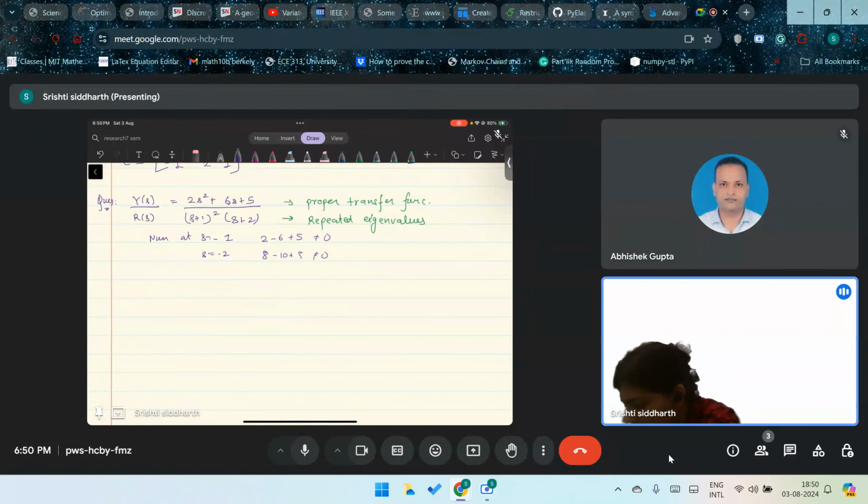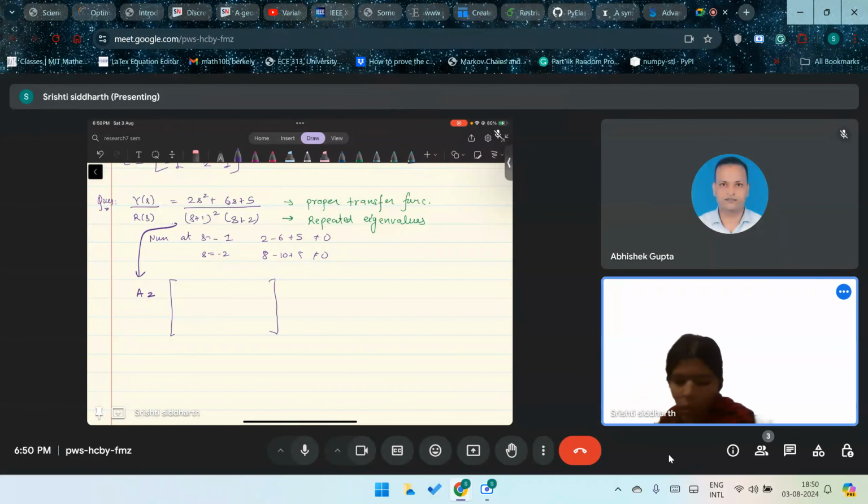So since these are repeated eigenvalues for a third order system, we already know what the A matrix is going to be. So this is going to be 0, 0, 2. And you need a 2 by 2 Jordan block. -1, 1, and then shift this, so this becomes 0, -1.